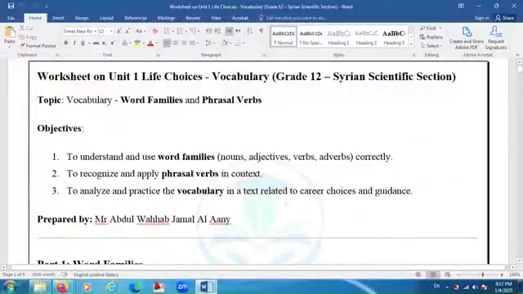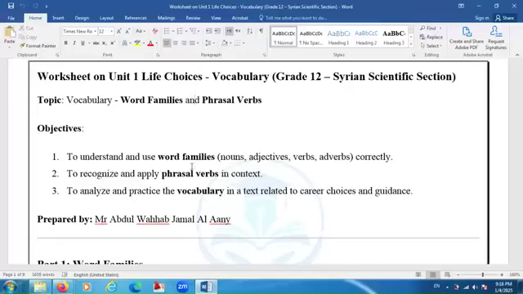Word family, as we said, is the part of the word. If you want to derive the nouns, the adjectives, the verbs, and the adverbs from the same base word, from the same root, if you wish to say.